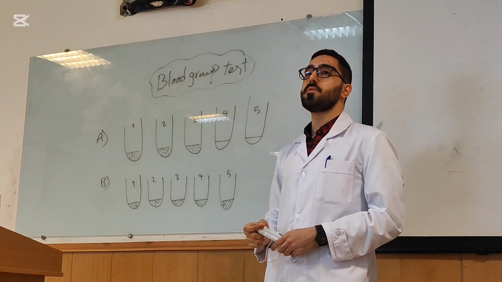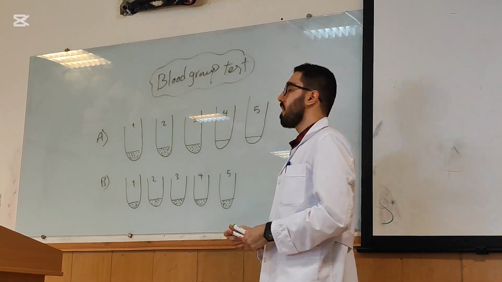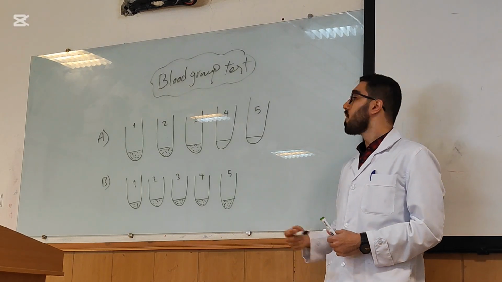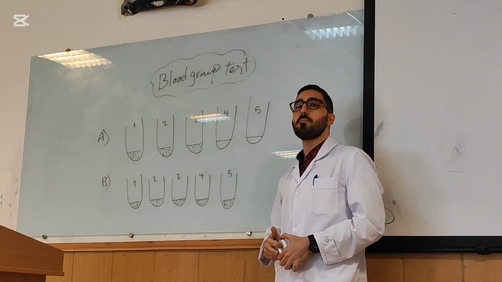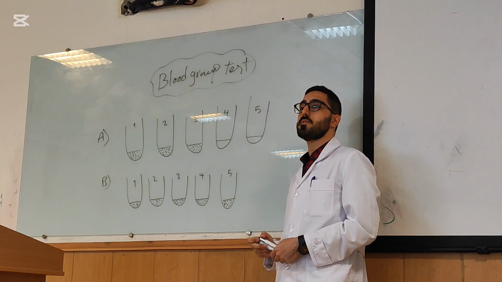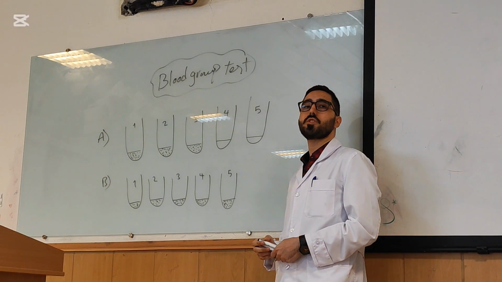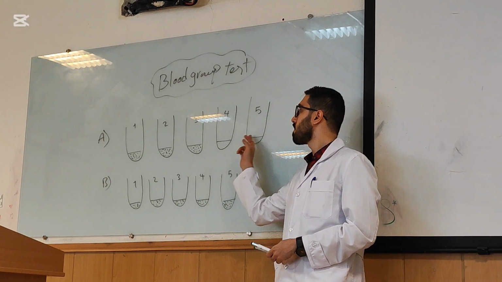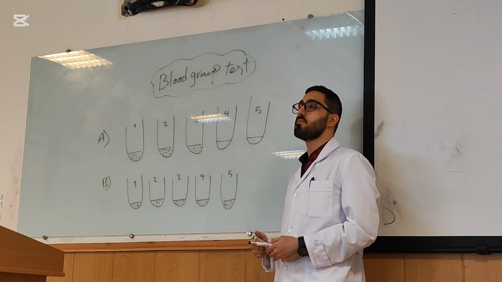Here are two different ASO tests. Can you explain the difference between A and B, and what is the titer of each test? For A, the titer is 80 and the patient is healthy.